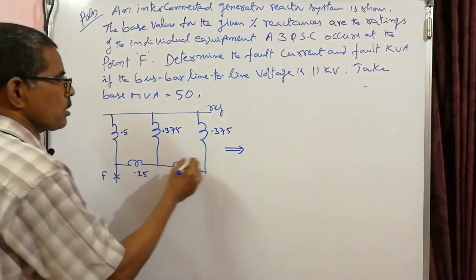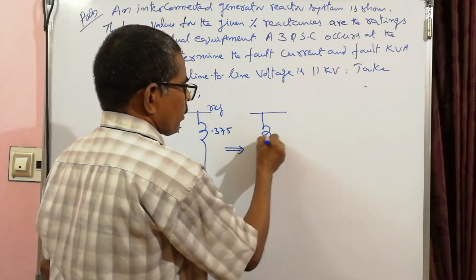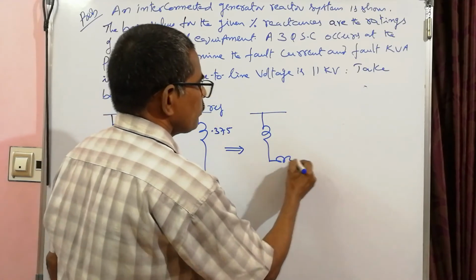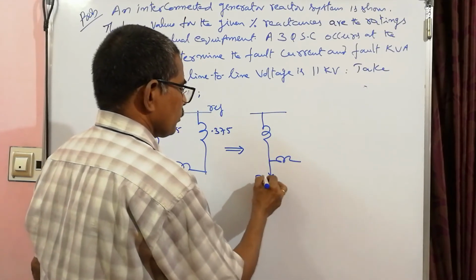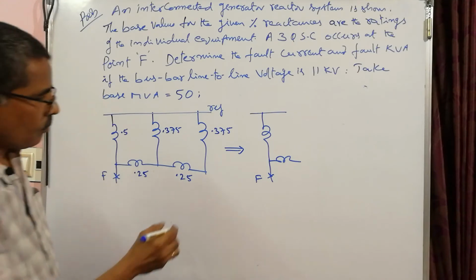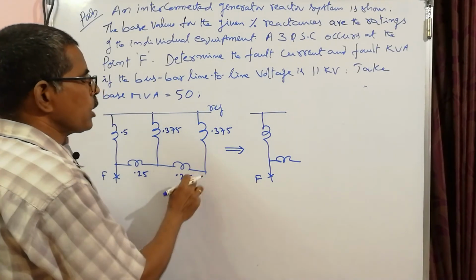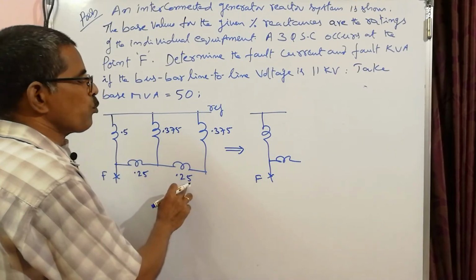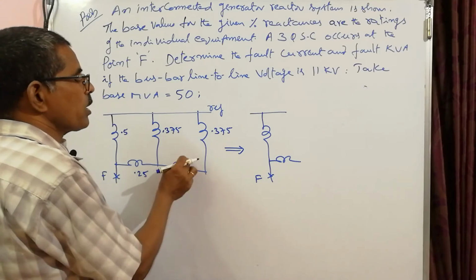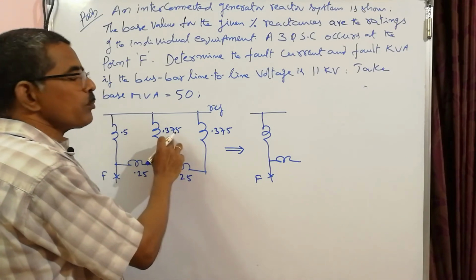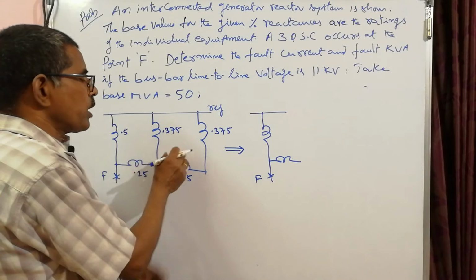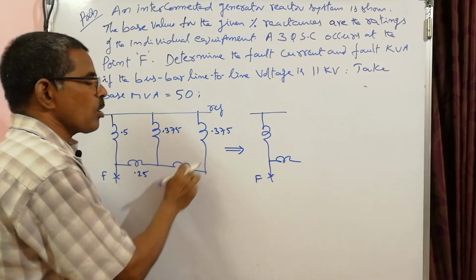Now how to reduce this? So I am combining these two, 0.375 plus 0.25. You can add it up because these two are in series, and that is in parallel with 0.375. Reduce that, 0.375 parallel with this combination.